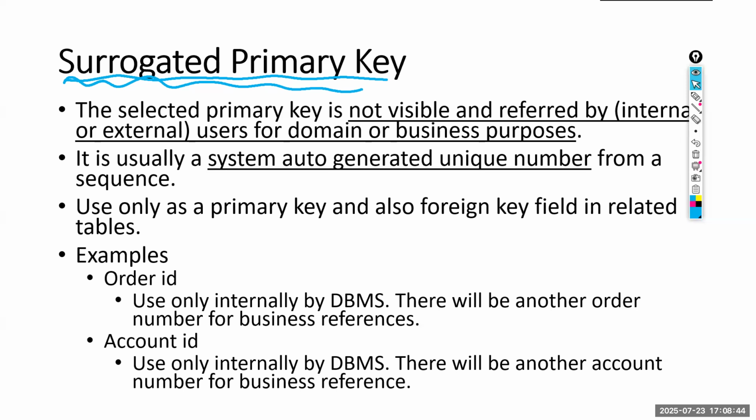But for your A level, yes, you can think of most of the time we use domain keys. Very rarely we use surrogated keys. But just be aware, if you have a machine generated number which is sort of hidden, and we use that as the primary key, while your other fields are just unique keys, then it's a surrogated primary key. Those are more often auto numbers.